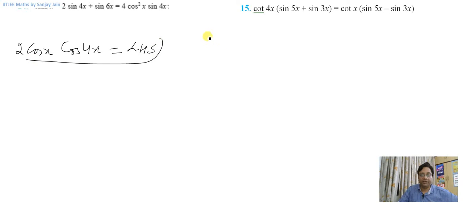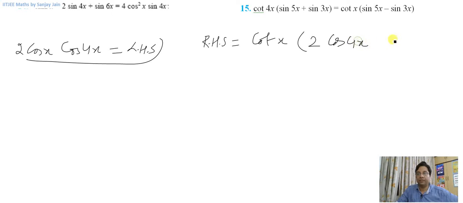Now let me work on the right hand side. The right hand side is equal to cot x times (sine 5x minus sine 3x). Alright, so let me directly open the formula. This will be 2 cos (c plus d) by 2, that is 4x, and sine (c minus d) by 2, so 5x minus 3x is 2x, by 2 will give me x, right?